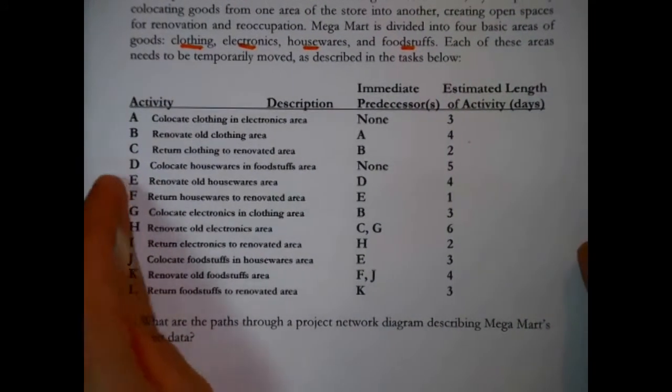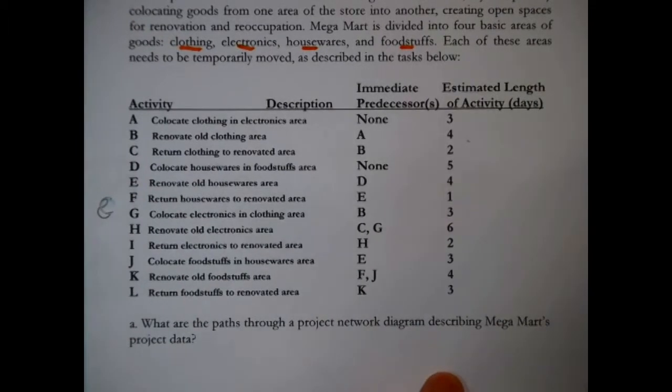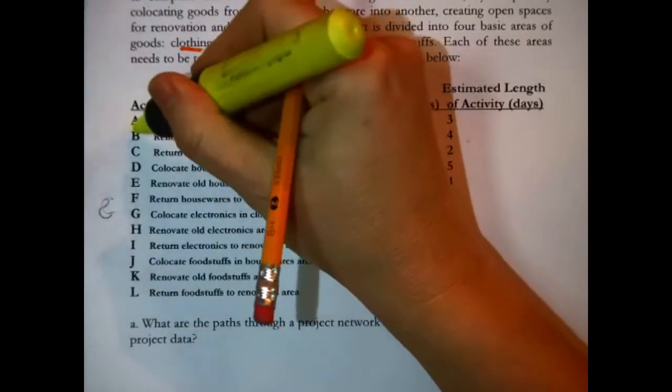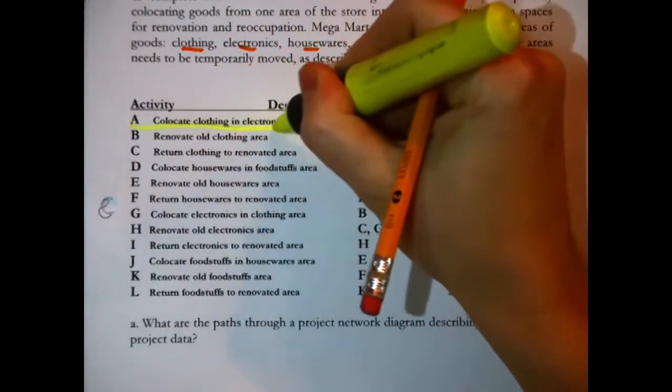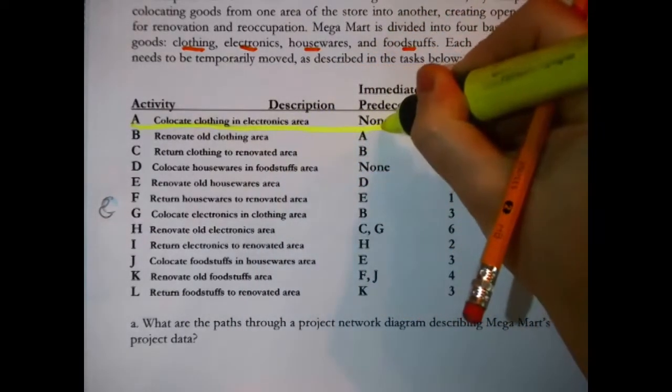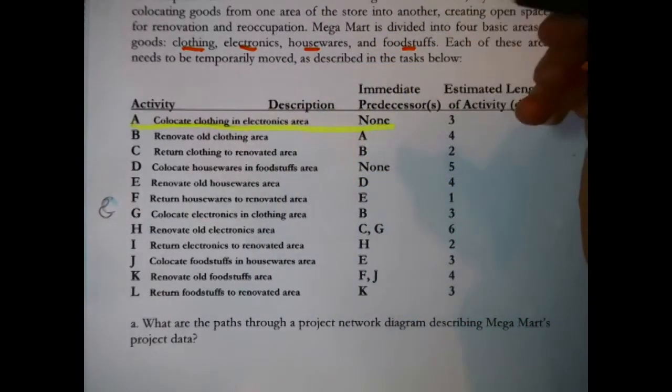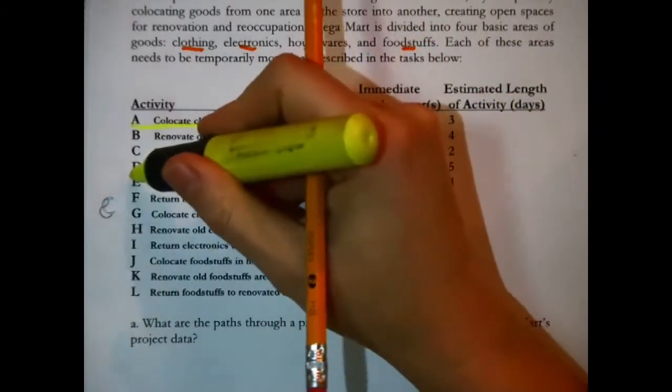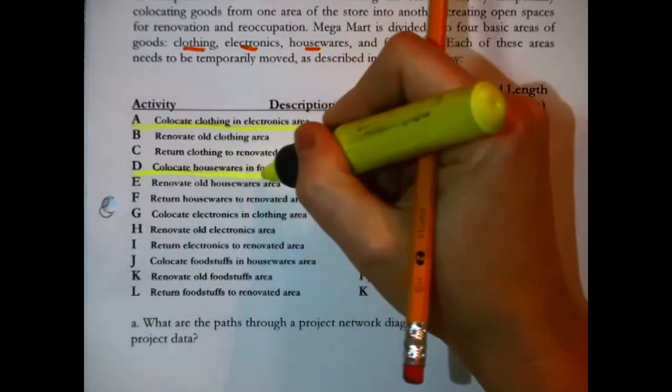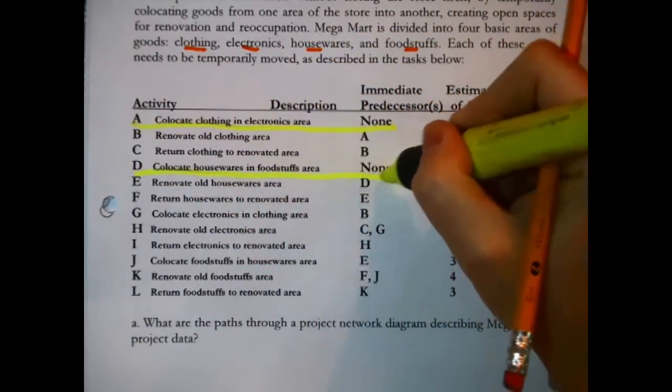We review the data. We look for every activity that does not have any immediate predecessors, because that activity would be attached to the starting node. We're used to them sometimes being listed at the top of a task list, but there are no rules. I noticed that A, for instance, doesn't have any immediate predecessors, but down here, about a third of the way down the list, I noticed that D doesn't either.